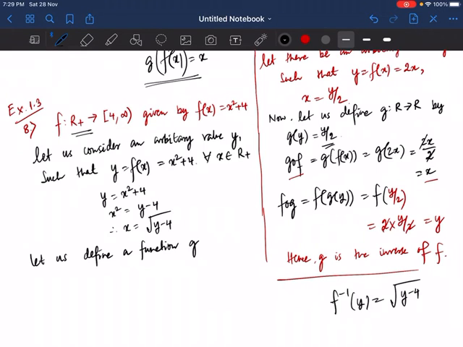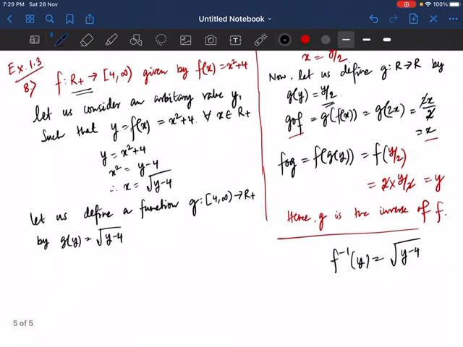So I will have to define the function g. It will be 4 comma infinity to R plus by gy is equal to root over of y minus 4. So I have defined a new function, that is the function g, which is given by root over of y minus 4.